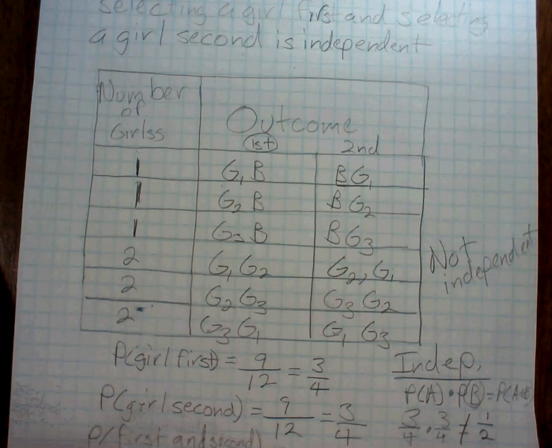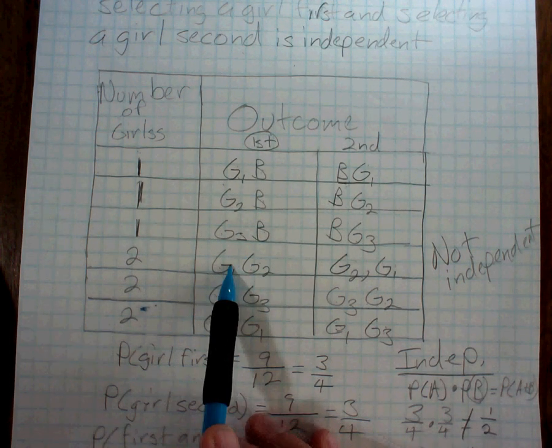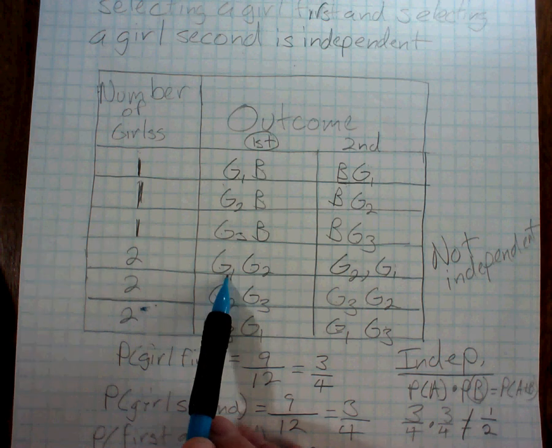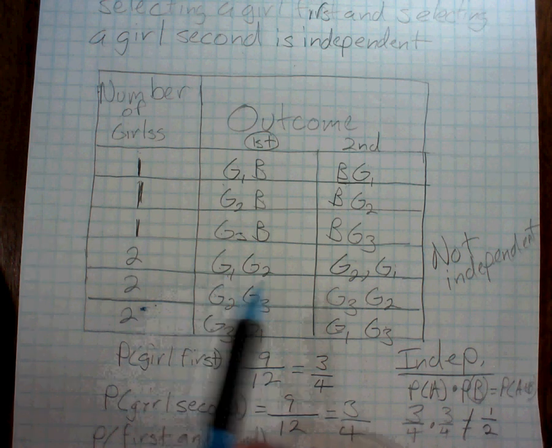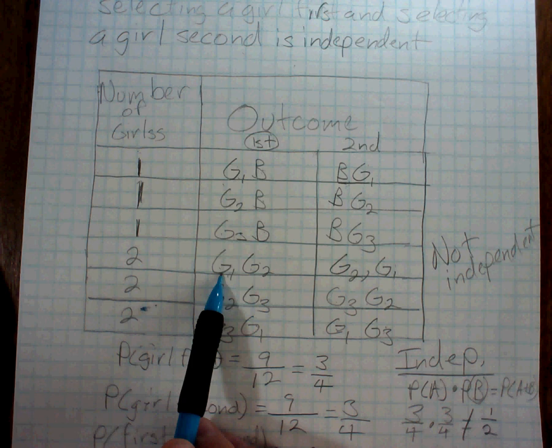See, when I had to do the sample space, when I pull girl 1, that only leaves me with 2 other girls. So who I pull the first time really determines who I'm going to pull the second time. So when I pull girl 1, that means I only have 2 more options.